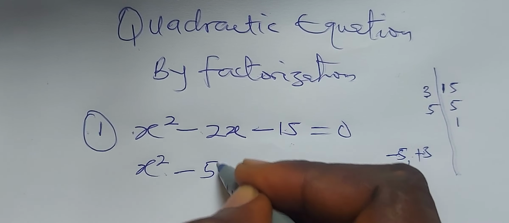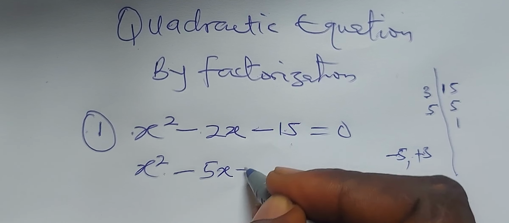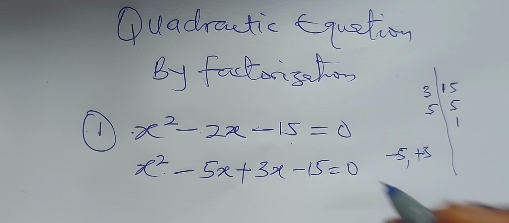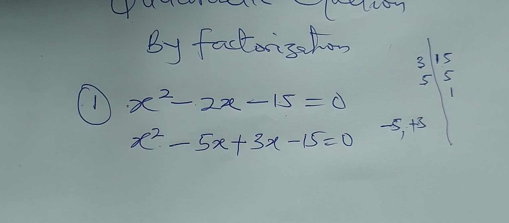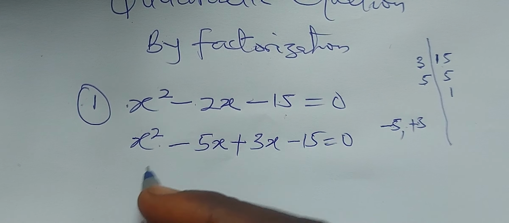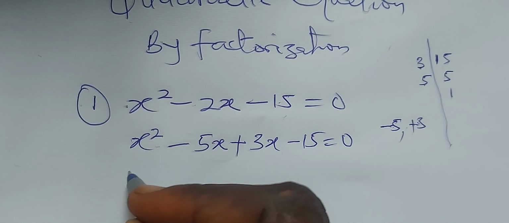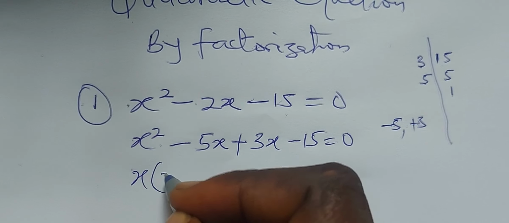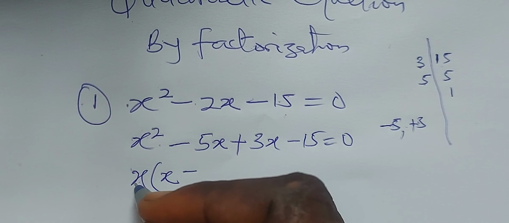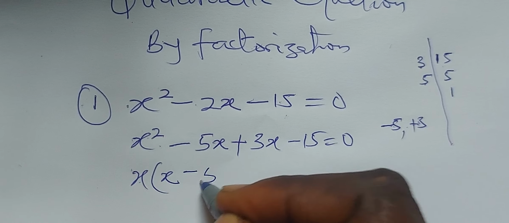What we do is to do like this: x squared minus 5x plus 3x minus 15. Okay, and so what you do, you pair two at the beginning and two at the last end. So what is common to the first two is x, and you have x squared divided by x, you have x; minus 5x divided by x, you have minus 5.